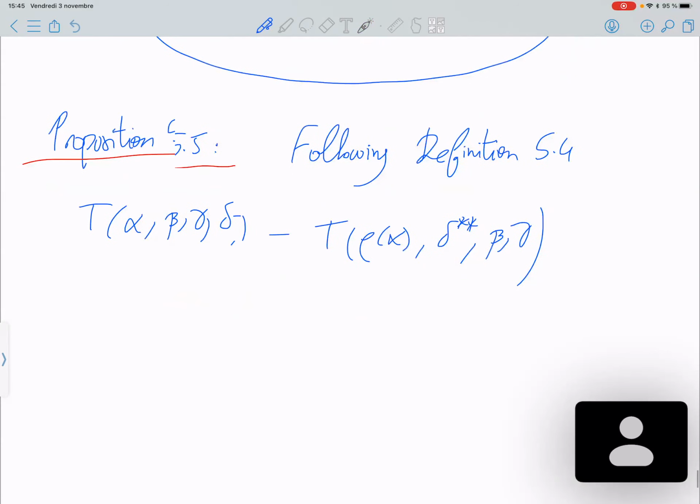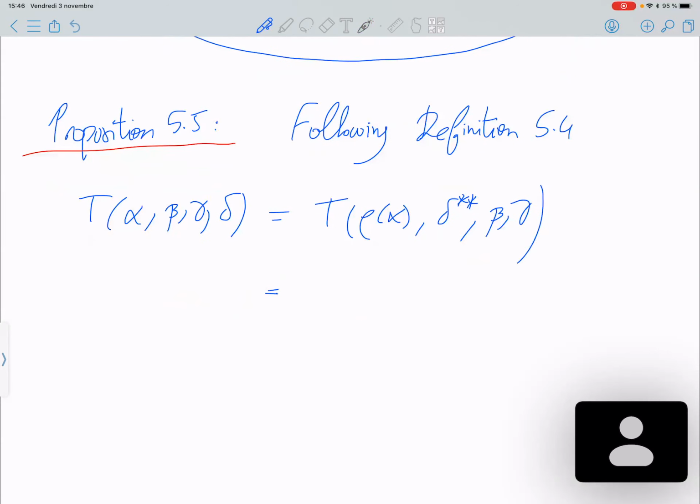And you can iterate. This equals this, but you can apply the formula now here again and again.